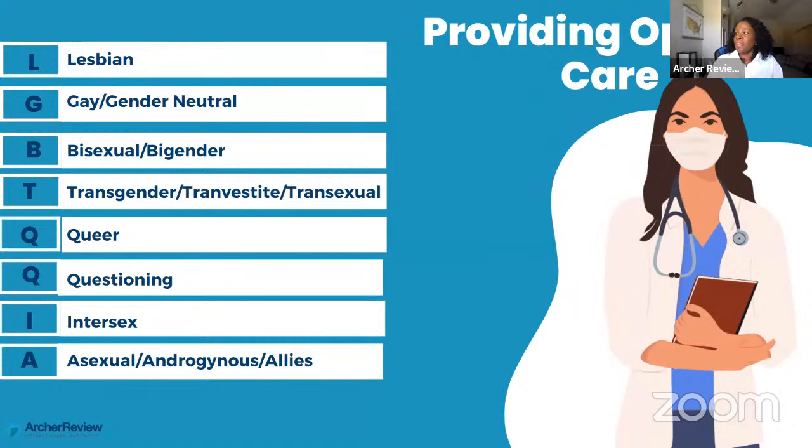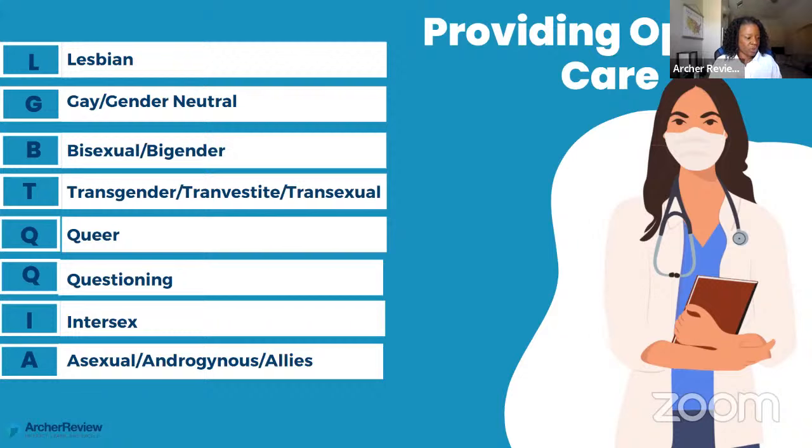And so what we have here is the whole alphabet. To provide optimal care for LGBT patients, let's begin with understanding what these acronyms stand for. L is lesbian, to refer to women primarily attracted to other women. Gay refers to men primarily attracted to other men.